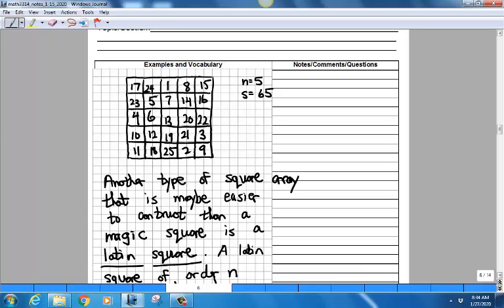So here we were trying to fill in this array with the integers 1 to 25. For a magic square, you do that in such a way that the rows, the columns, and both diagonals all add up to the same number. That's called a magic square, and that's a famous puzzle from mathematical history.